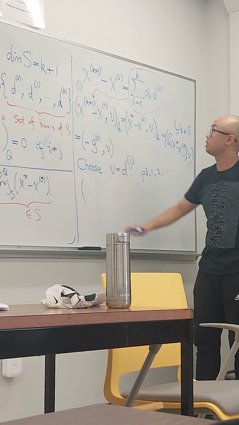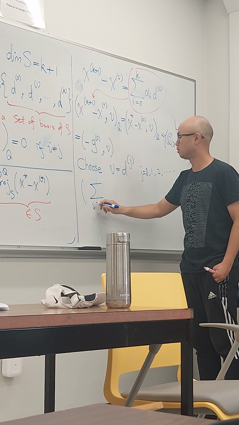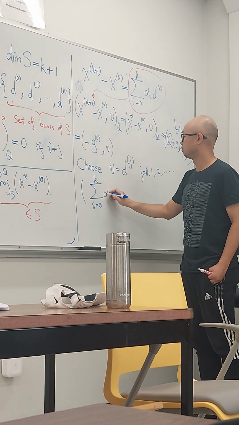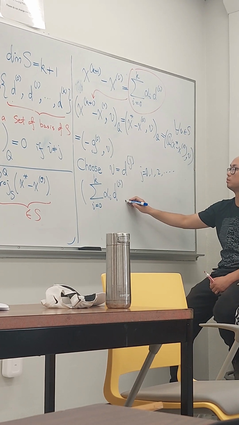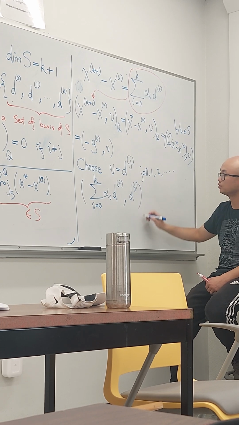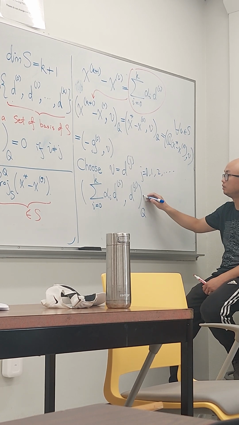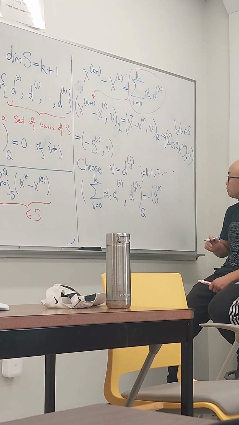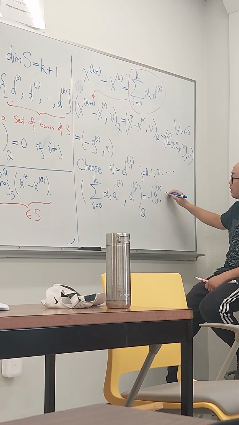So what we have is the summation, i from 0 to k, alpha i di, and v is dj, in the Q inner product, equals the negative gradient at the 0th iteration, dj.